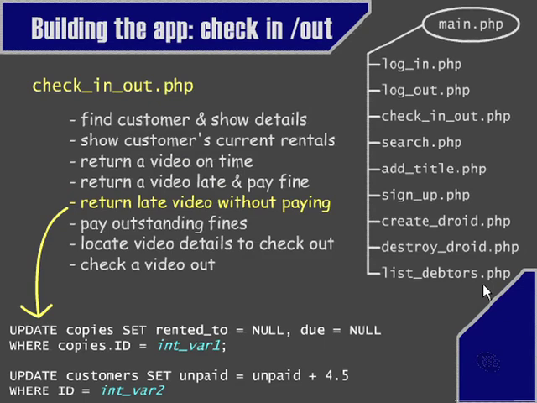First of which does exactly the same as the previous one, to put the copy of the video back on the shelf, and the second query returns the exact figure for the late fees in the customer's table, in the unpaid column. And here the 4.5 should be a variable, and that would be something that would be returned by the application.